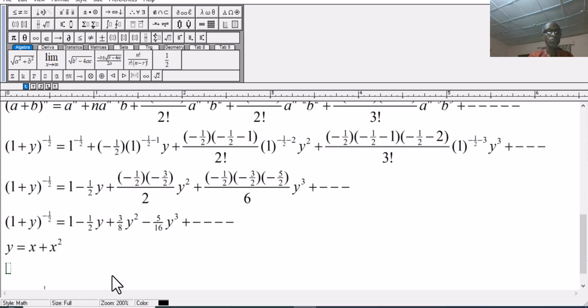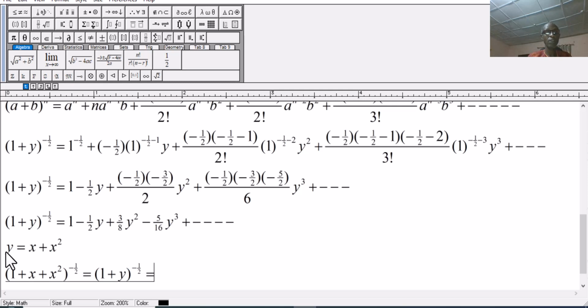So that means 1 plus x plus x squared raised to the power of minus half is the same thing as 1 plus y to the power of minus 1/2.